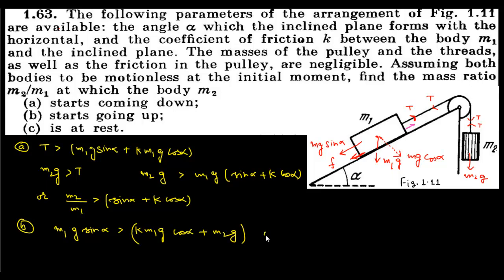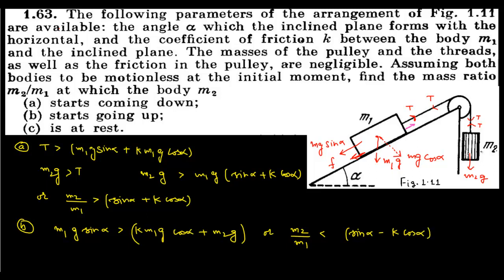Or from here we can write directly that M2 by M1 is less than sine of alpha minus K cos of alpha.